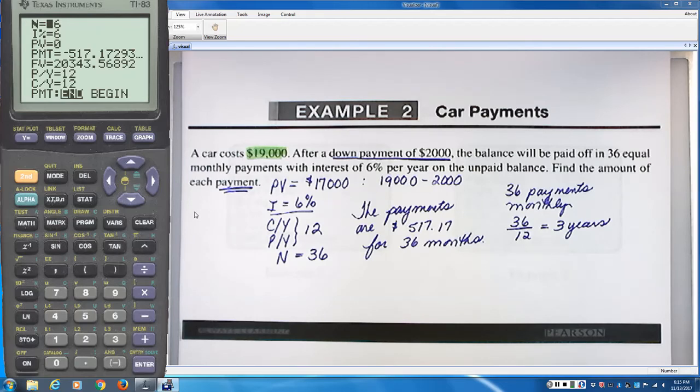But what makes it different is the fact that the future value of just those payments took into account no present value. Okay, so it's like you're actually paying interest as you go along. You just paid almost $23,000.